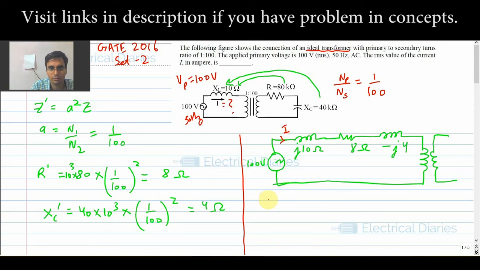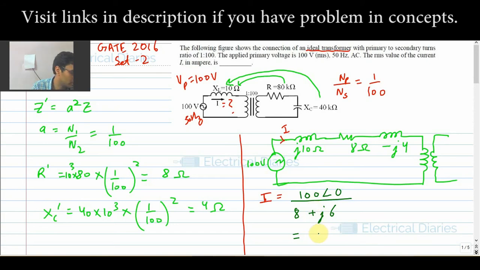So you have to calculate the current I, as asked in the question. So I will be equal to 100 divided by 8 plus j6. It is given applied 100 volt RMS, so if the angle is not given, you can easily assume 100 at an angle 0. So it will be 100 upon 8 plus j6.